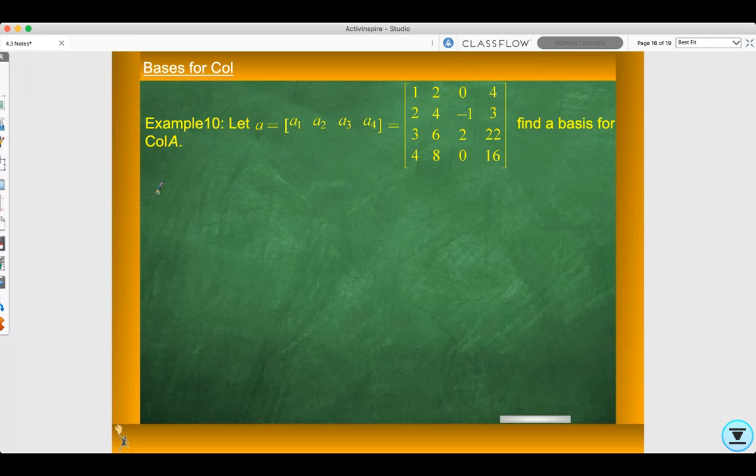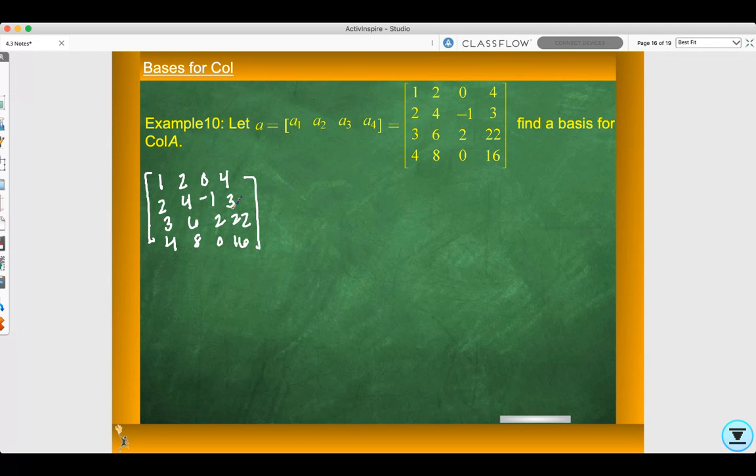So we are going to take our matrix and we're going to row reduce this.